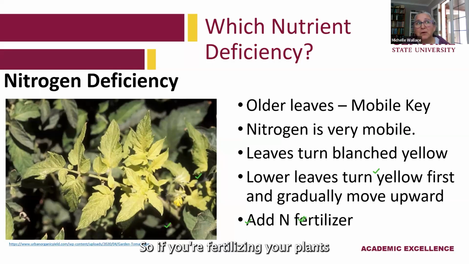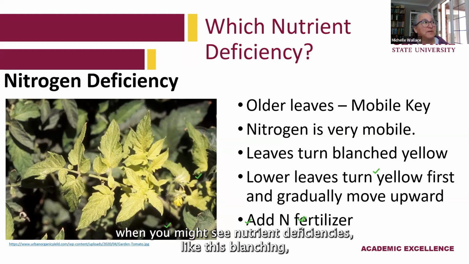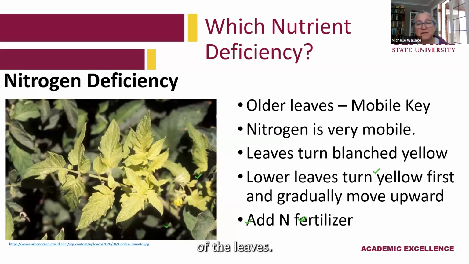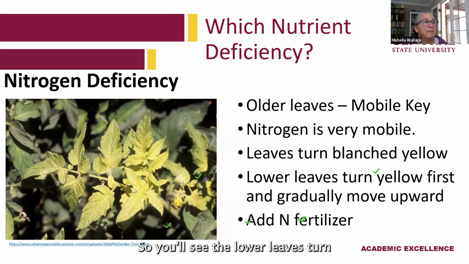So if you're fertilizing your plants, but you're depending on some of those nutrients like nitrogen to come from rain, that's when you might see nutrient deficiencies, like this blanching of the leaves. It hasn't rained in a while, and we're starting to see problems. So you'll see the lower leaves turn yellow first, and gradually it will move upward.